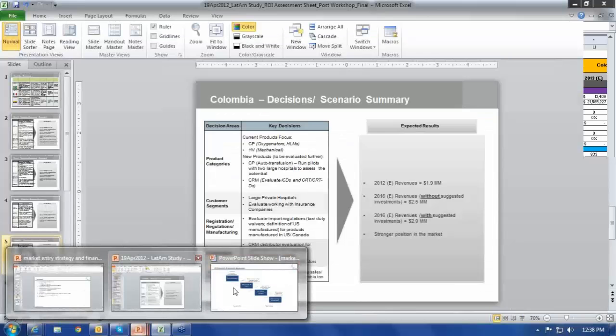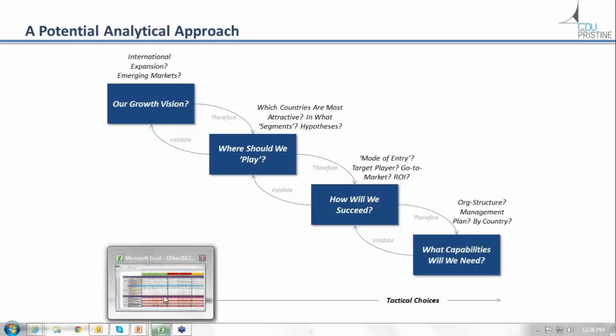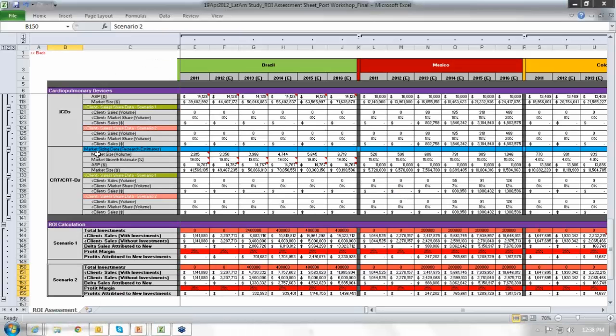We'll have this question: typically, how difficult is it to collect this data, and is it really possible to collect this data? For example, if you want to enter into Latin America, did people actually go to all these countries to collect this data, or was it mostly based on secondary research? I was actually down there in Brazil and Mexico myself, and a few other team members were down in other countries.